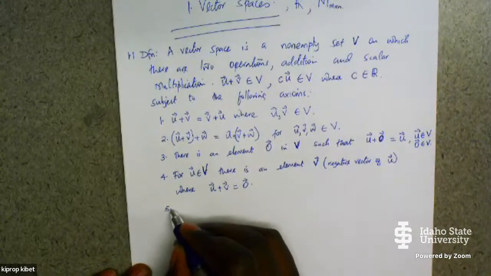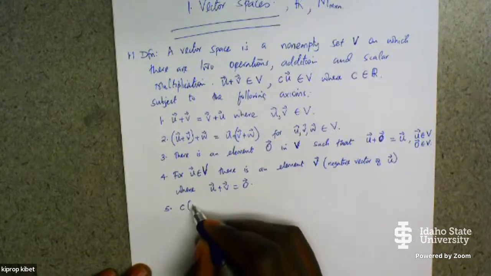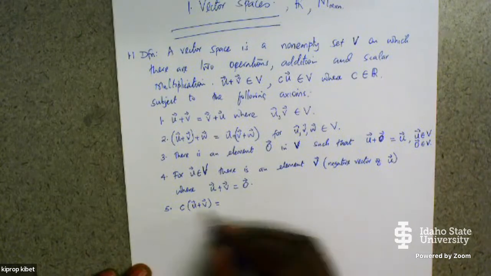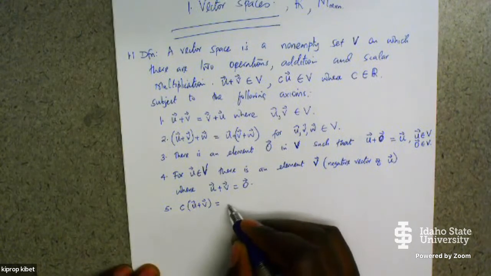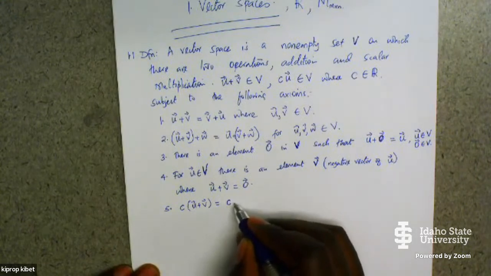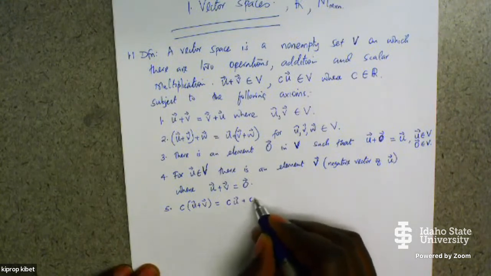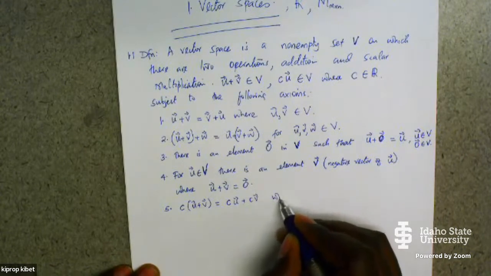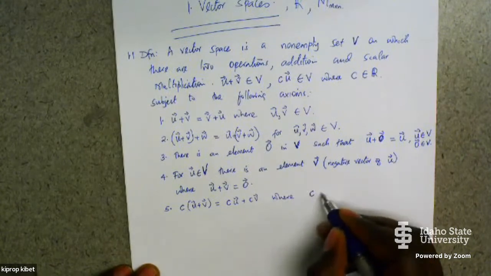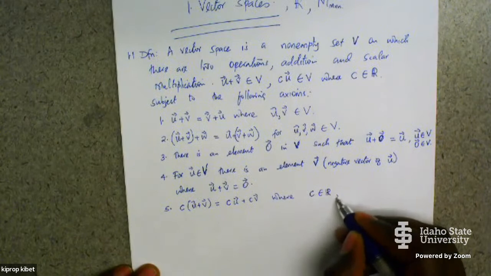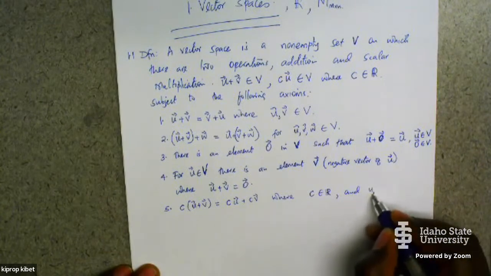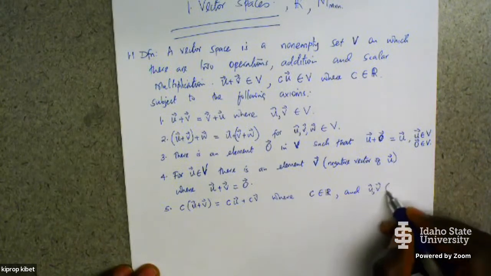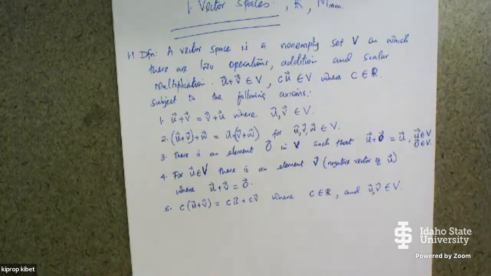Number 5, c(u plus v) equals, when you distribute the scalar, cu plus cv, where c is an element of the real numbers and u and v are elements of the whole vector space.